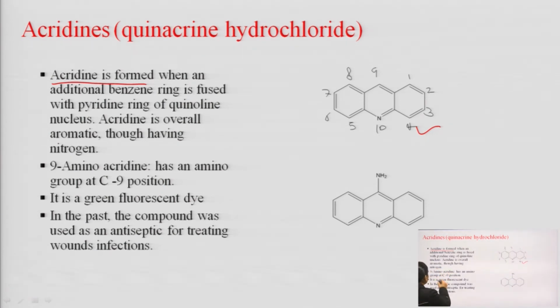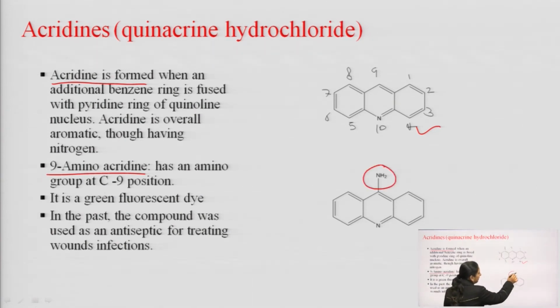We see 9-aminoacridine, with an amino group at the 9 position. It is a green fluorescent dye, and in the past this compound was used as an antiseptic for treating wound infections.